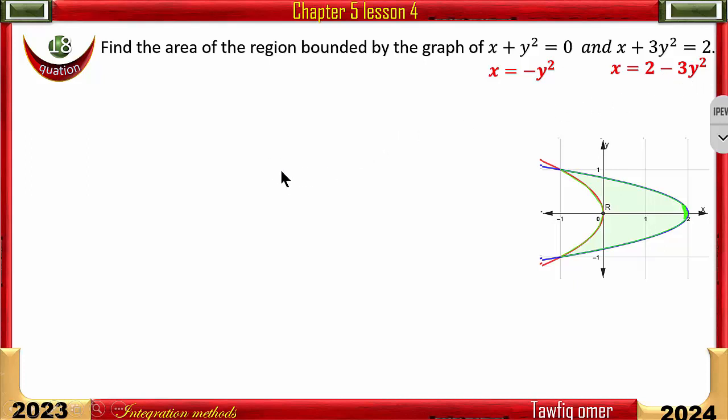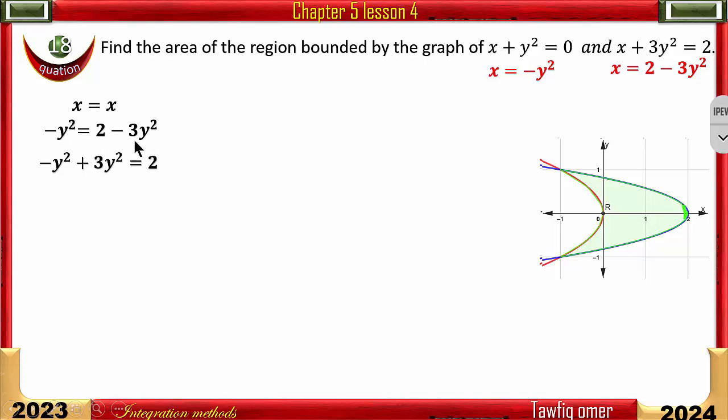And now find x equal to x. That means find the intersection of these two graphs. As you can see here, the intersection of these two graphs is from minus 1 to 1. And now minus y squared equal to 2 minus 3y squared.